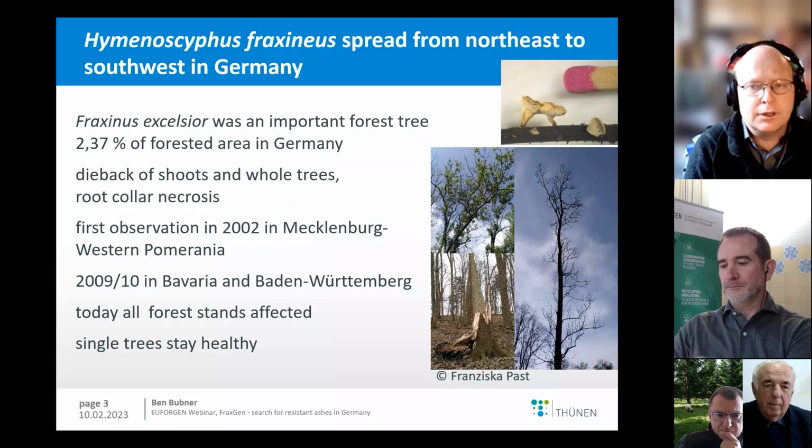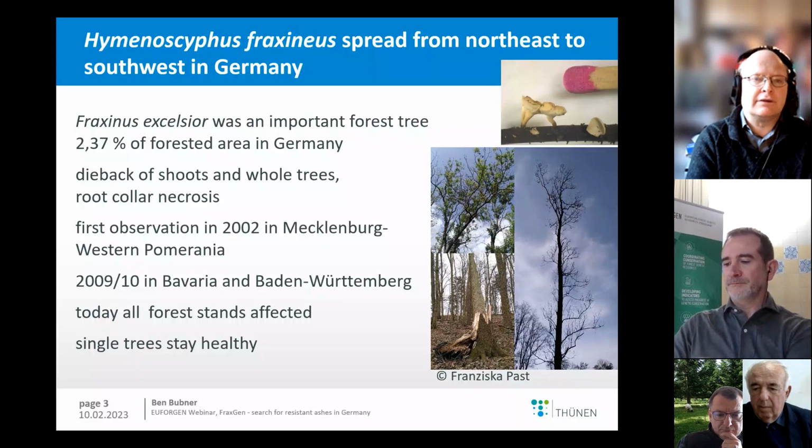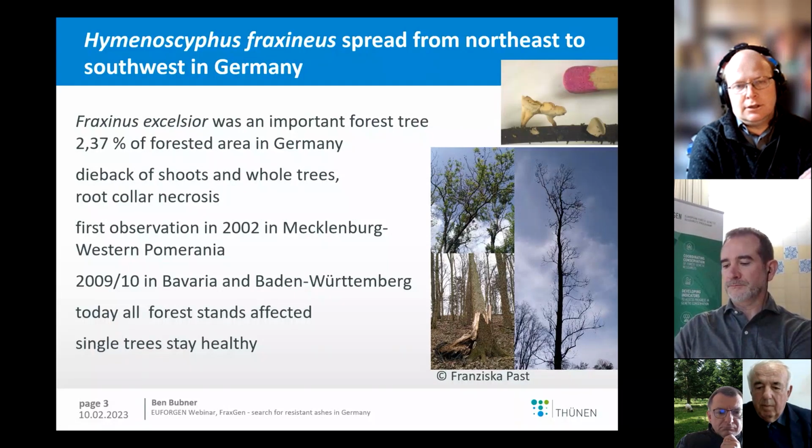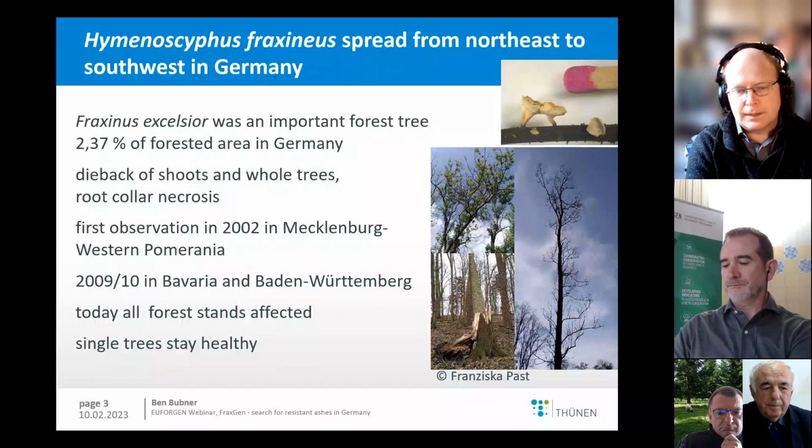Fraxinus excelsior is an important forestry tree in Germany as a broad-leaved tree. 24% of forested area in Germany is covered by Fraxinus excelsior. And as everywhere in Europe, the problem is that we observe a dieback of shoots and whole trees and root collar necrosis.